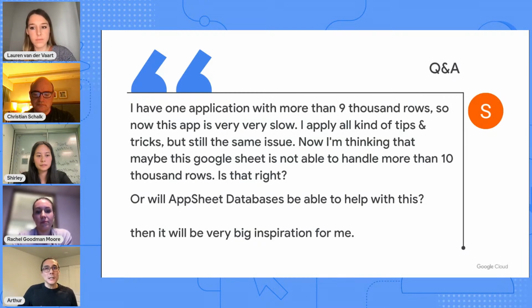So in general, it's hard to give a set limit on what number of rows an AppSheet app can use from Sheets, but 9,000 seems fairly small. 100,000 seems to be more or less the order of magnitude of the upper limit. And then Sheets itself has its own limitations, and it's not by number of rows, but by number of cells. I don't know the exact number, but the more columns you have, the fewer rows it's going to be able to support.